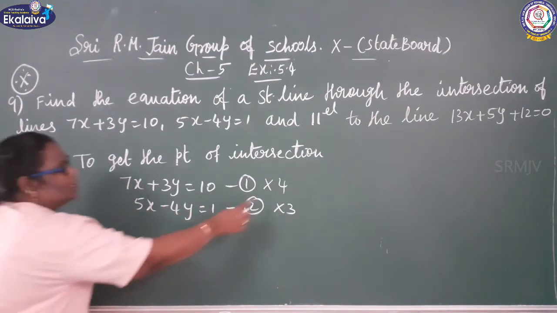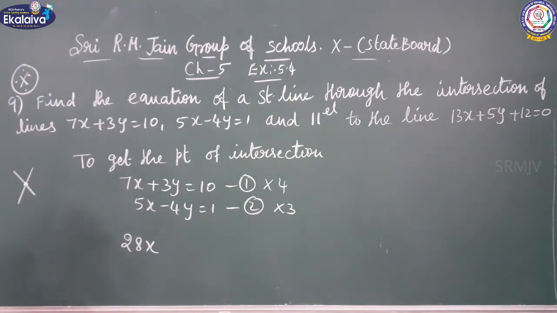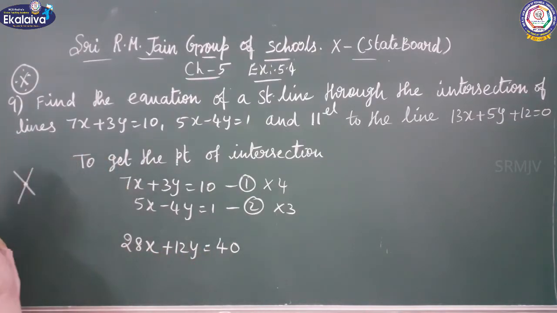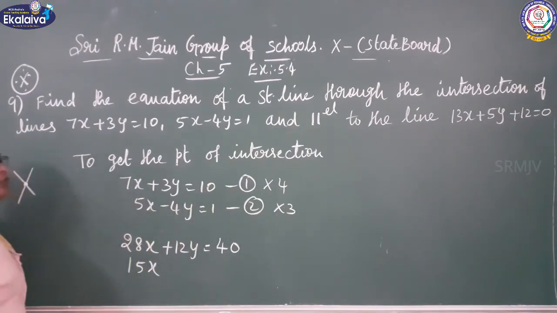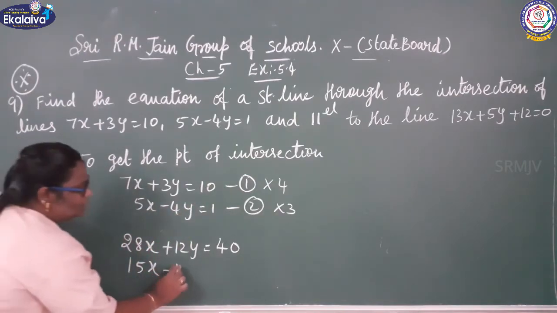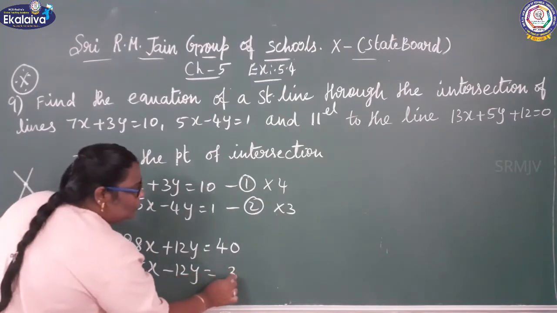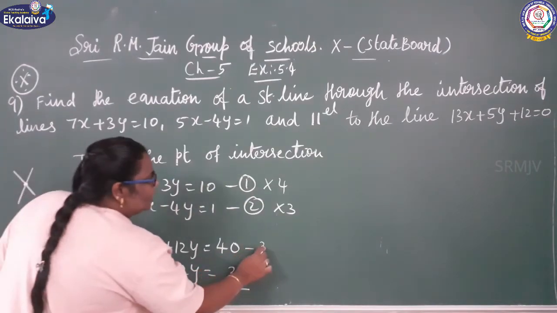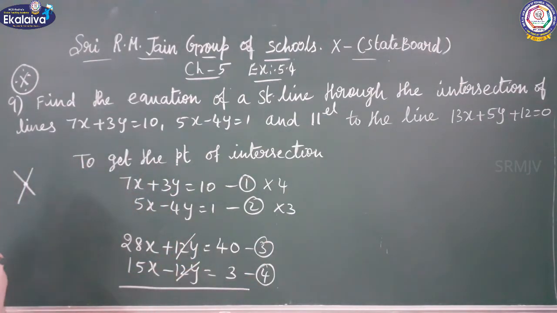What are we getting? 28x plus 12y equal to 40, and 5 threes are 15x minus 12y equal to 3. 12y minus 12y gets cancelled.